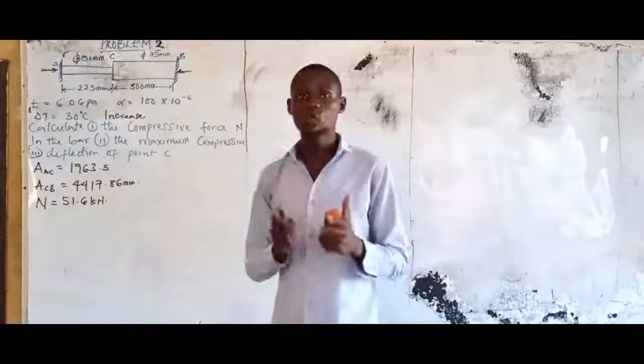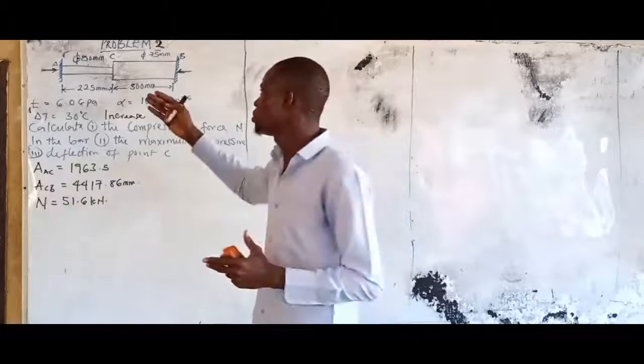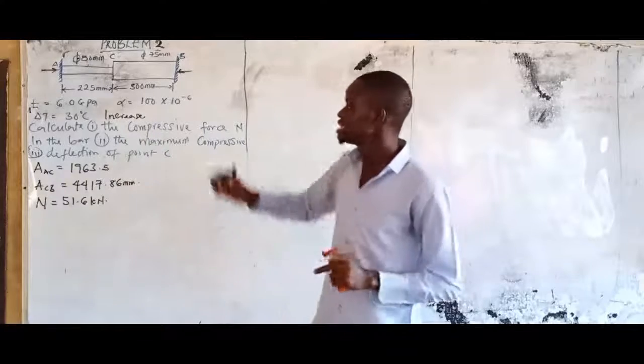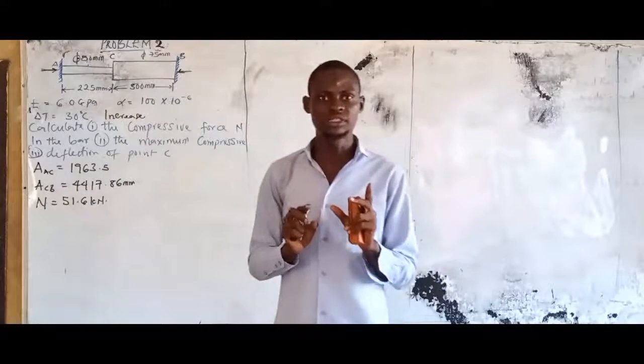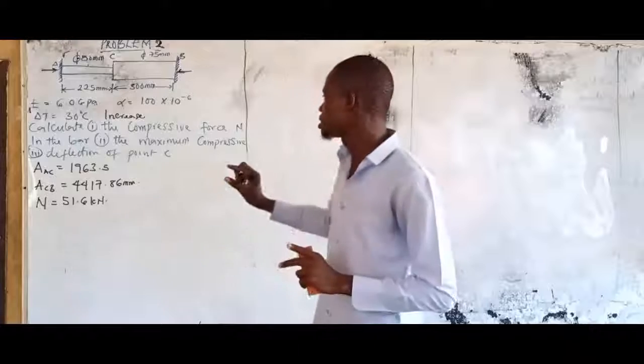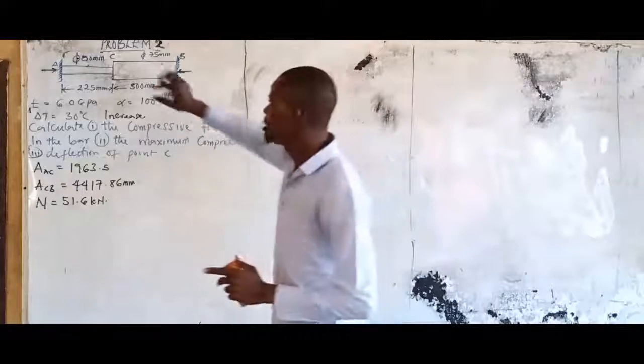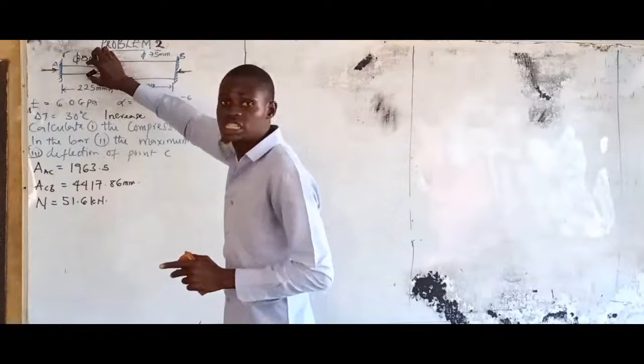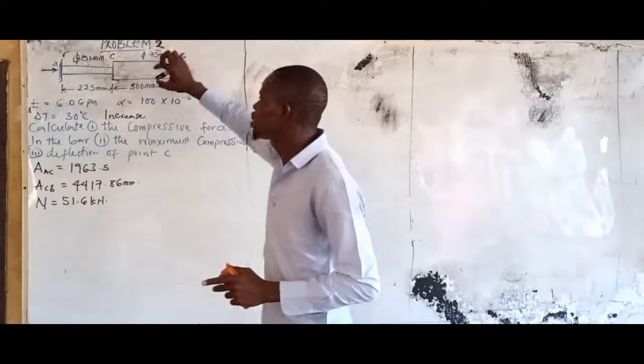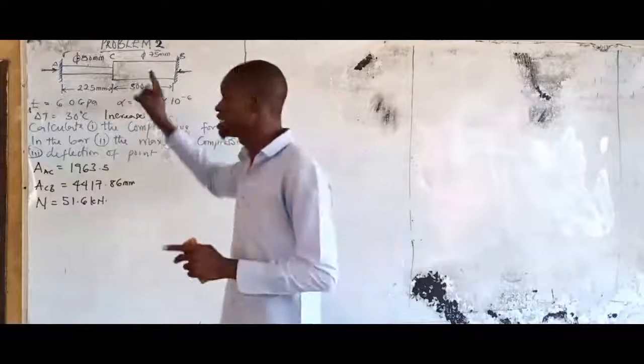Since the force is equal in both bars, but the deformations and thicknesses are different, it automatically gives us different stresses. The stress developed in the smaller thickness will be different from the stress developed in the larger thickness.